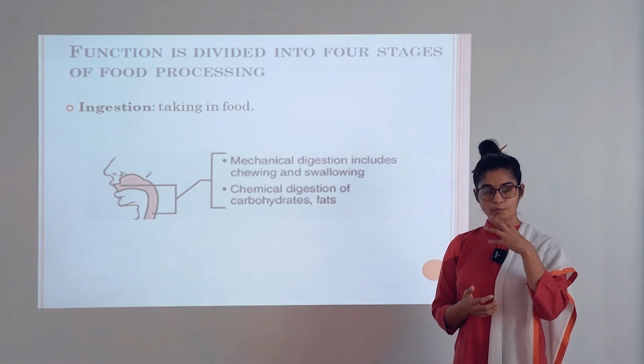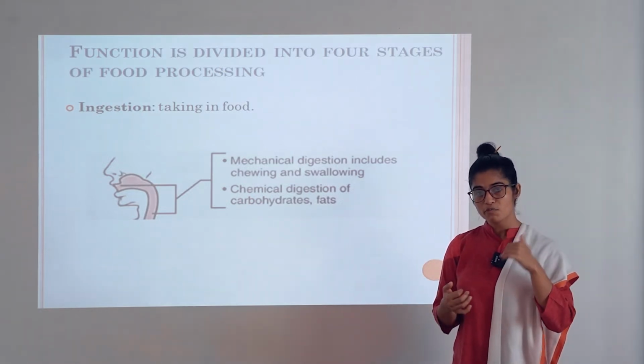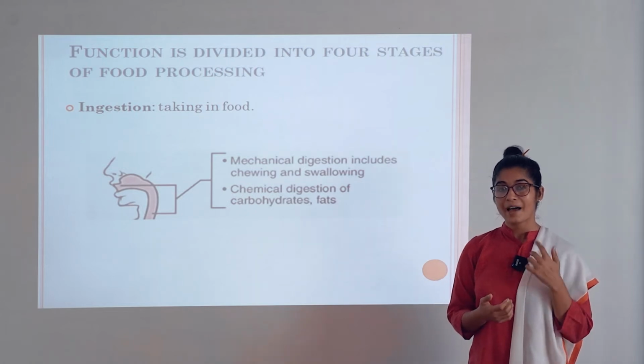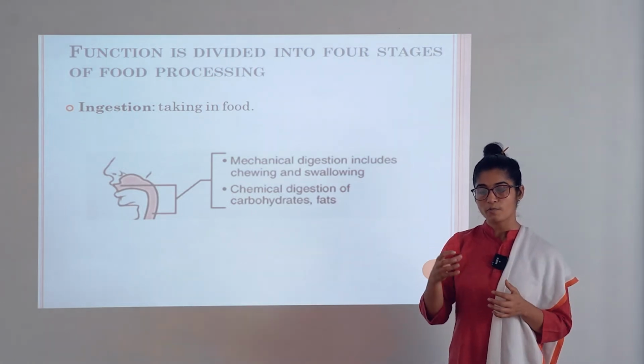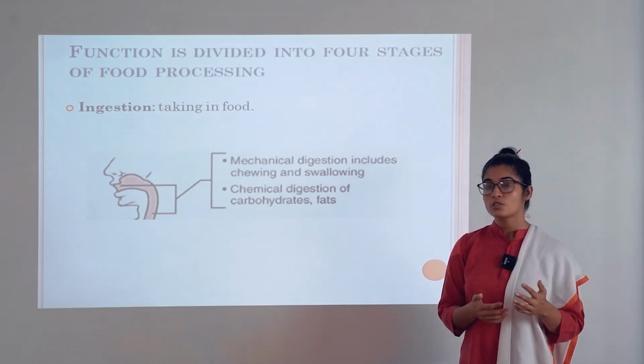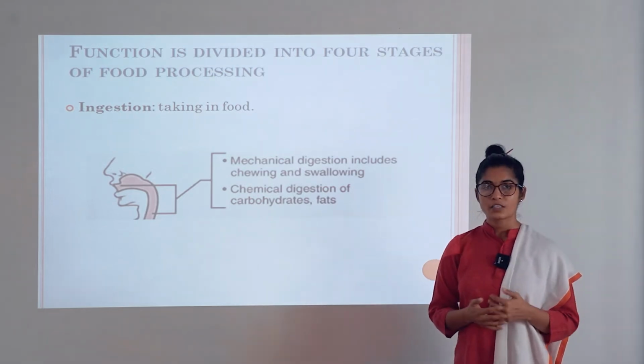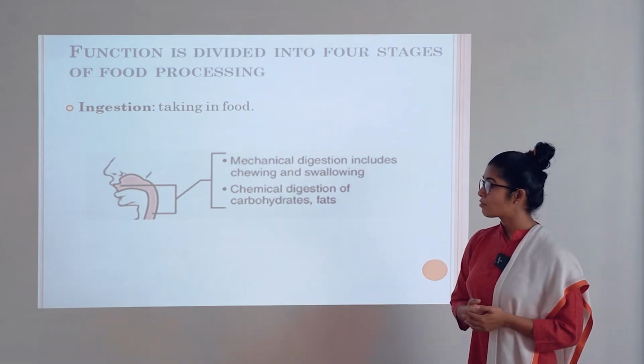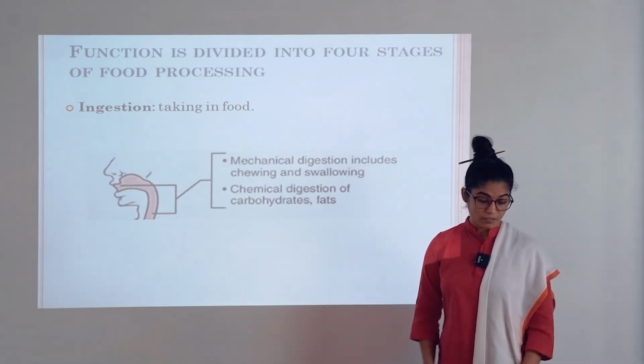This bolus moves down with the help of peristalsis, a movement which helps to move the food towards the stomach. Now we will talk about the next function of the digestive system.